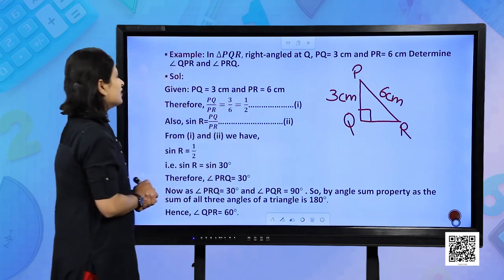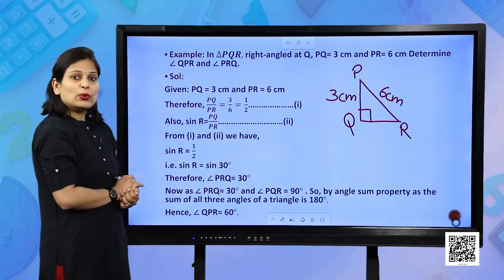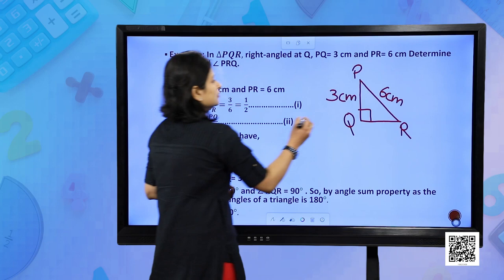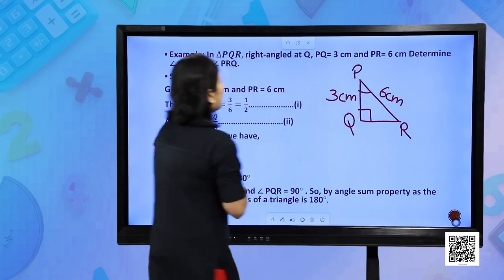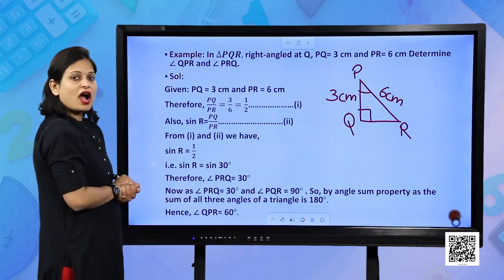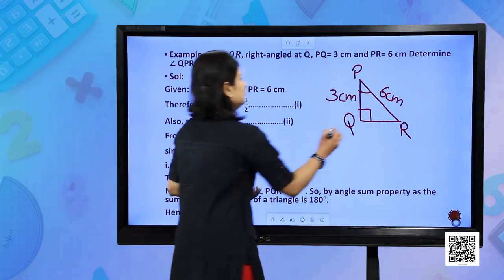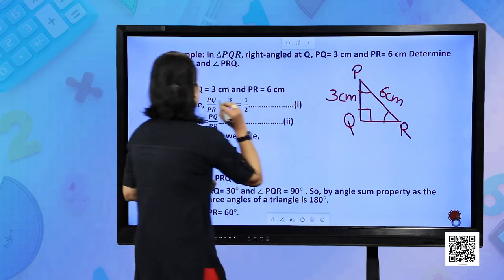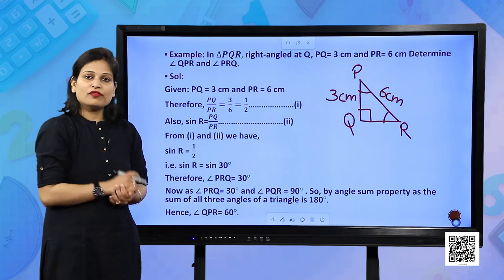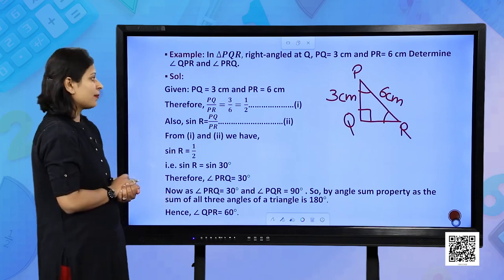We need to determine angle QPR, this angle, and PRQ. So, how will you calculate these angles?